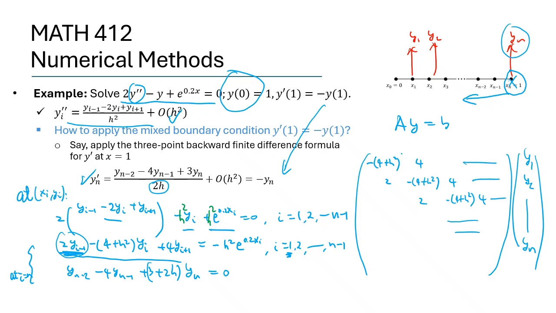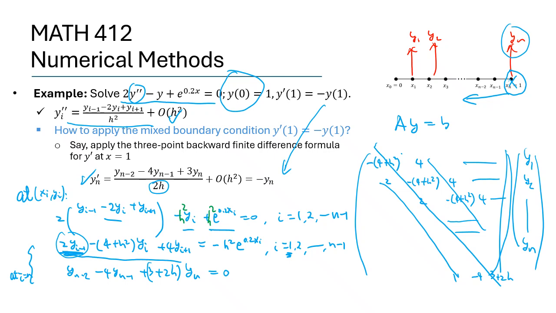And the last equation will be this, given that's the last column, you have 3 plus 2h, the previous one negative 4, the previous one is 1.